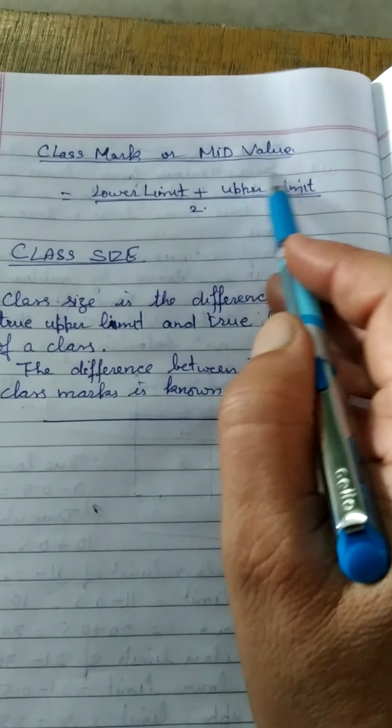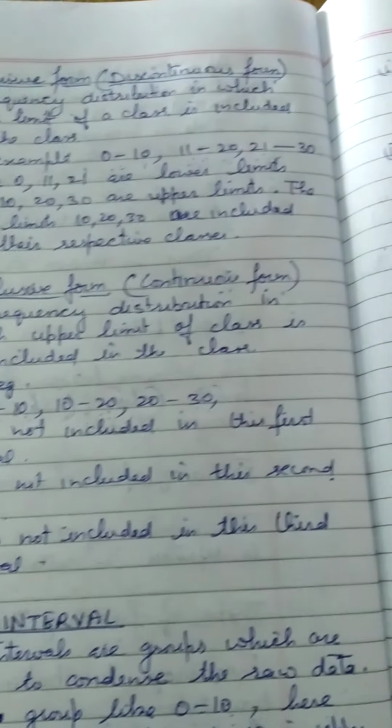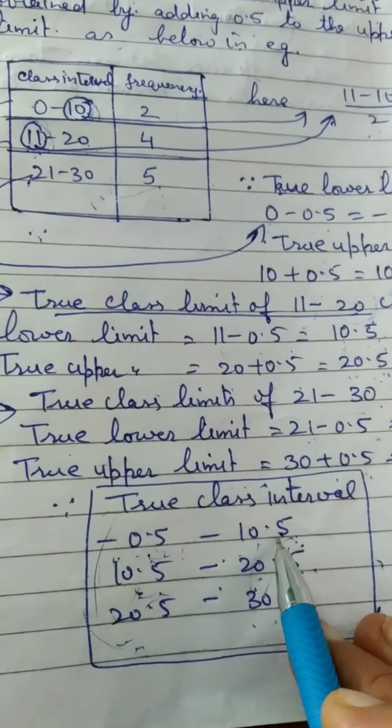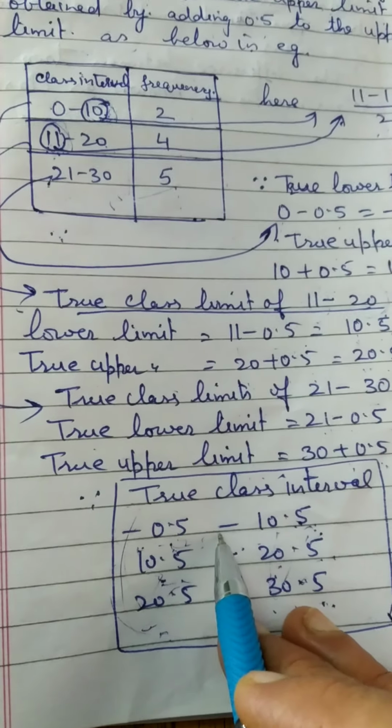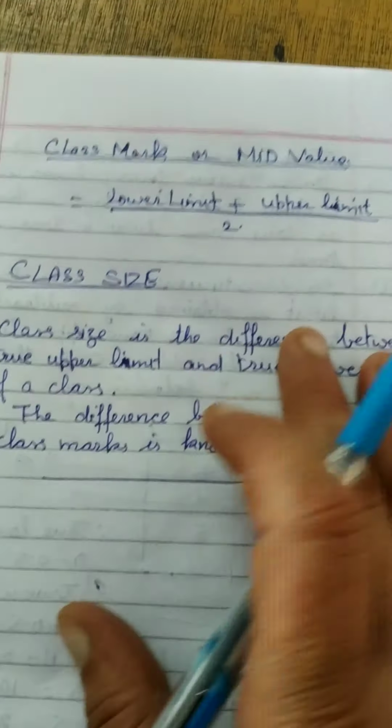Now the next topic we come to is the class mark. Class mark is the mid value of each class interval. How will we find the mid value of each class interval? We will add the lower limit and the upper limit, and that is divided by 2. We will get the mid value, which is also named as the class mark.